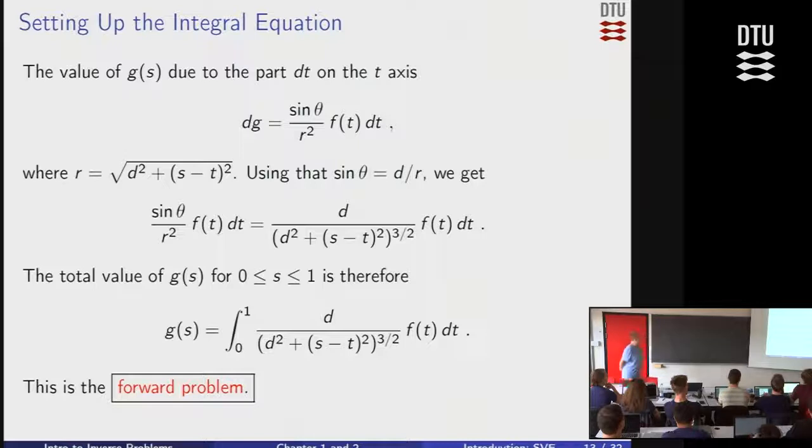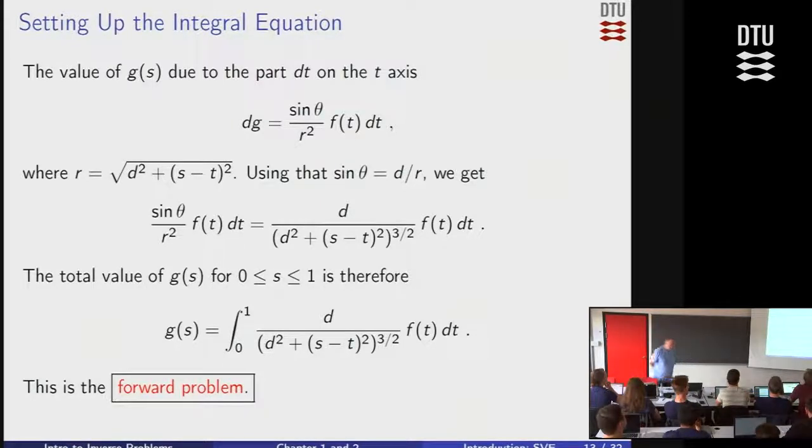We can do that. That's called the forward problem. There's something down there, and if we know what it is, we can evaluate what we would measure at the surface. That's called the forward problem. The inverse problem is, of course, to compute the function f, the mass distribution, given measurements at the surface.